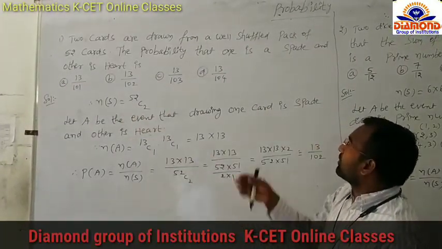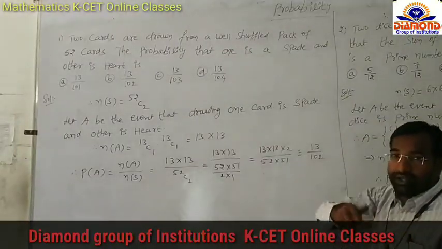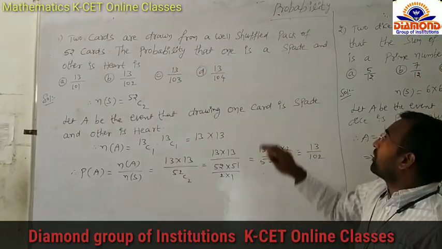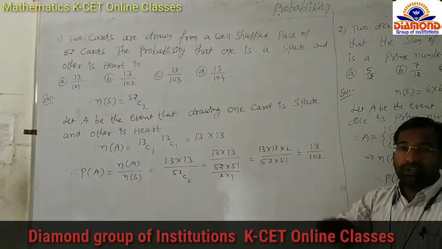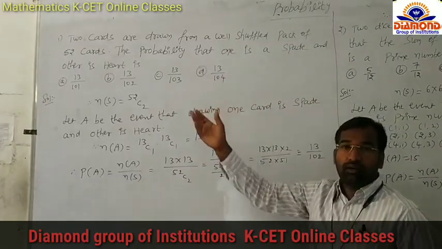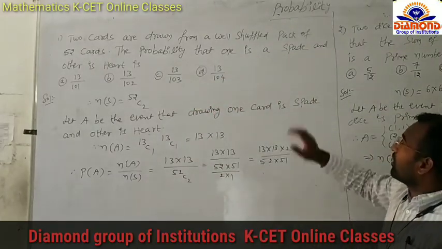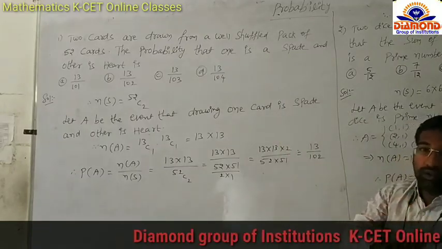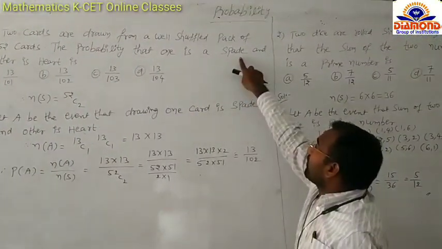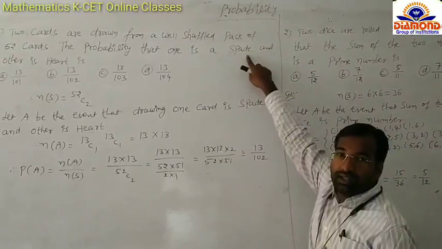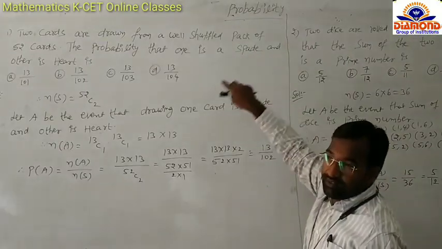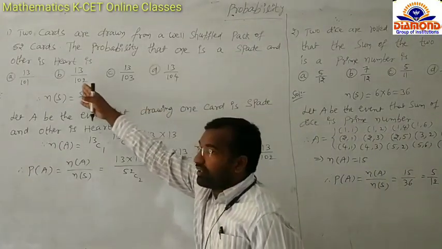Next, after drawing two cards, one card is compulsorily a spade and the other is a heart. In the pack of 52 cards, there are four types of symbol cards: spade, heart, club, and diamond. Spade has 13 cards, so from those 13 you select one card: 13C1.